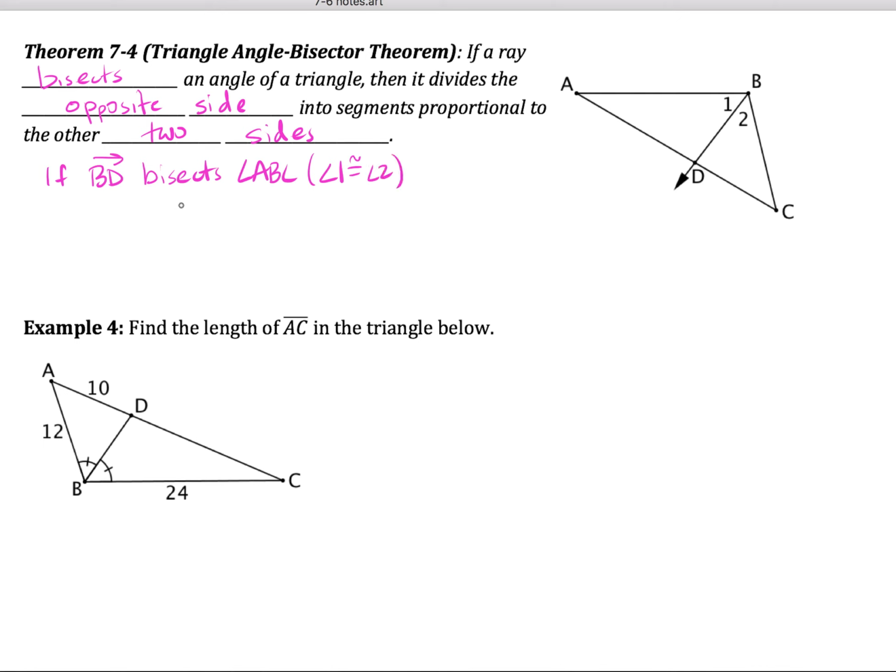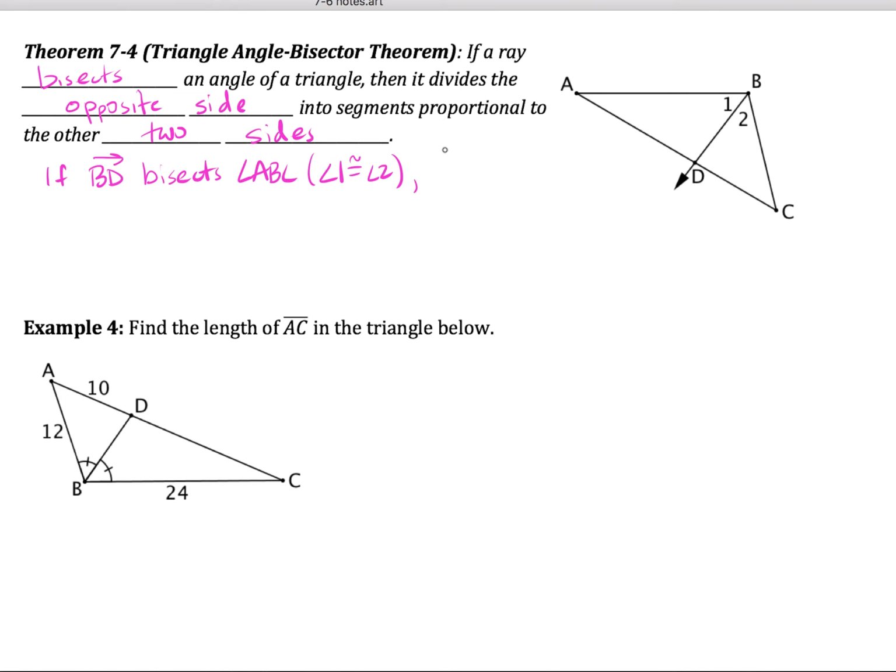We'll leave it as this. If ray BD bisects angle ABC, then according to the triangle Angle-Bisector theorem, ray BD is going to divide the side opposite the angle that's been bisected in a way that the two parts of it are proportional to the two other sides of the triangle.